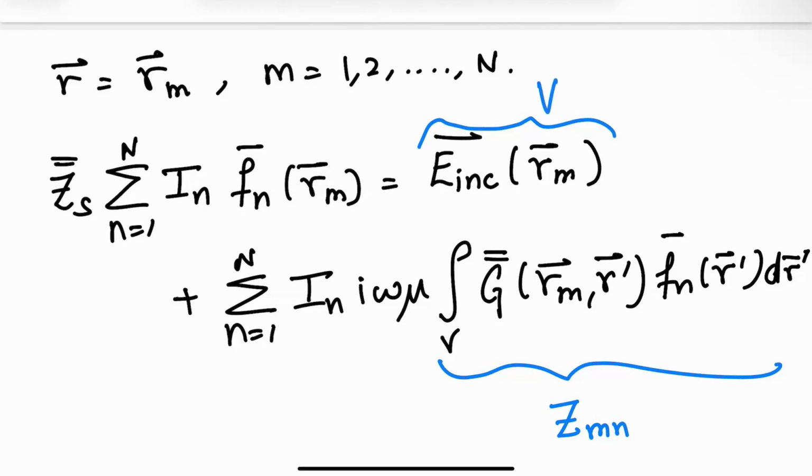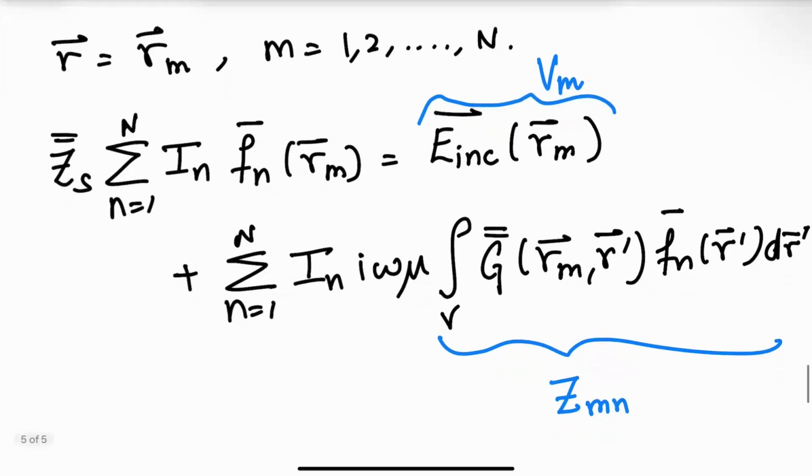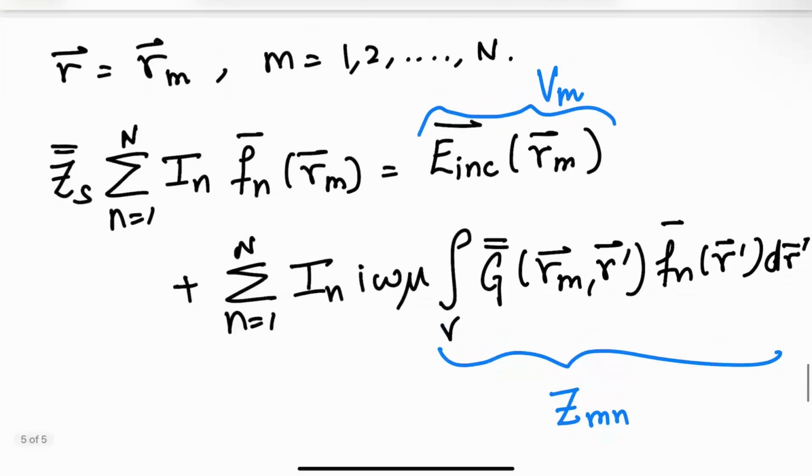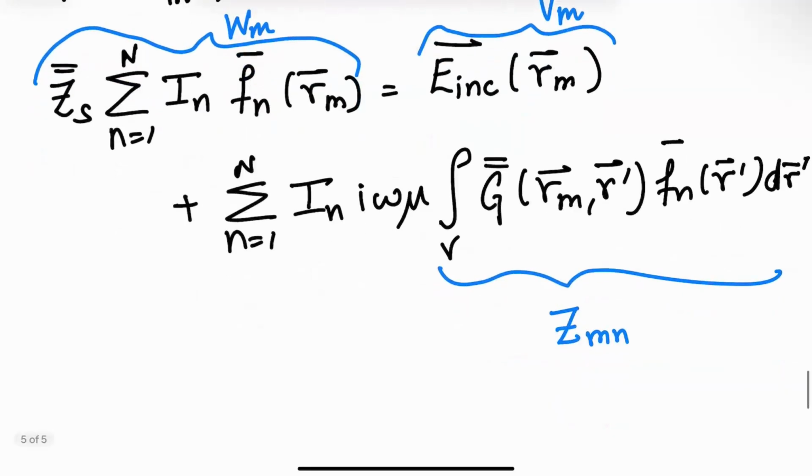Then I'll call this Vm, which is another value, a function of m. And this whole thing I will call Wn.